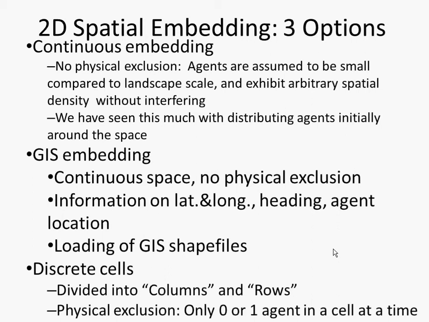Okay? There's mutual exclusion. Think about lots in a city. City lots with houses, or it's a house, or it's a commercial real estate, or it's a park, or it's a brownfield and empty, but they're mutually exclusive. That's the idea. By contrast, in continuous embedding, and by extension GIS embedding, it's assumed that you're viewing the space at such a level that really there's not exclusion going on.